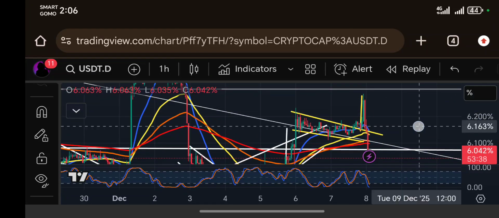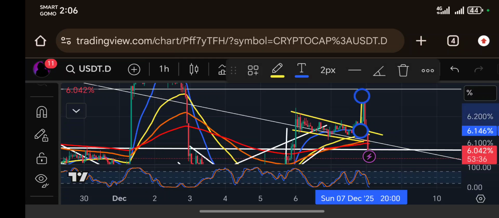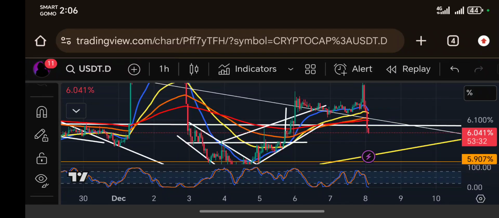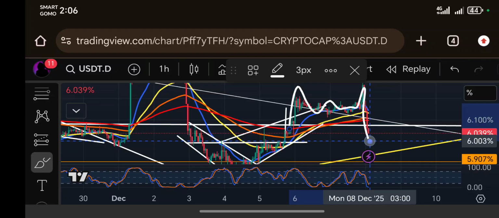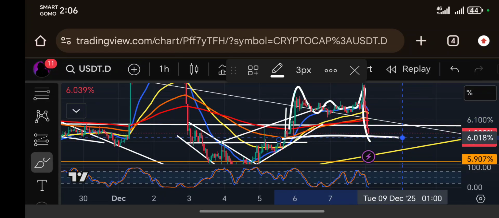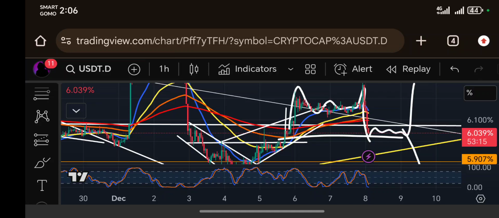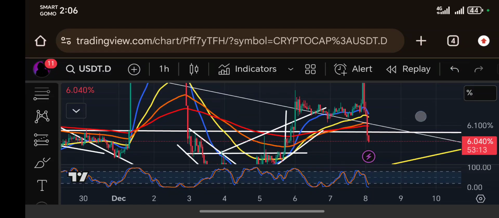It already hit exactly, but eventually it got rejected, and this time I'm going to call for a Bart Simpson head pattern right here. Maybe in here at this low, and let's see how it plays, if it's going to come back up or come back down. So it all depends on how the market reacts.